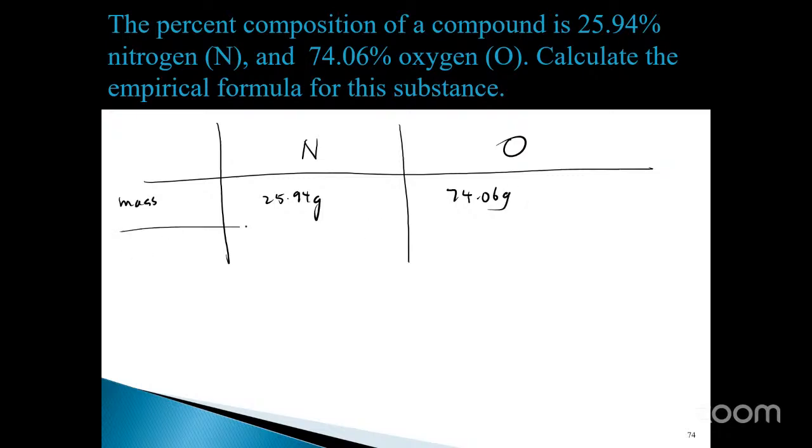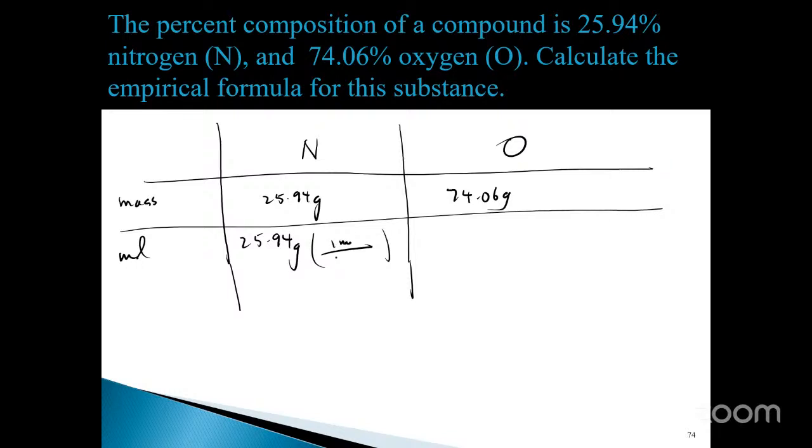And then we find the moles like we did last time. So that would be moles. 25.94 grams, we're going to multiply that by 1 mole over 14.01 grams. And here, 74.06 grams multiplied by 1 mole over 16.00 grams, right? So let's do the number crunching here.